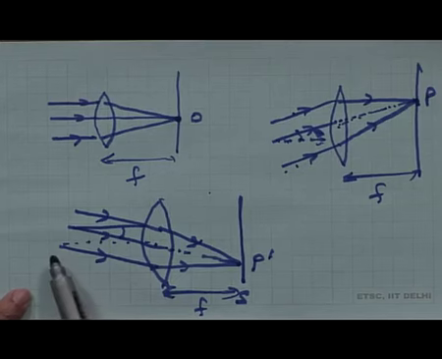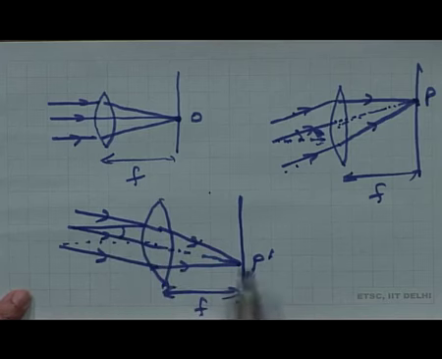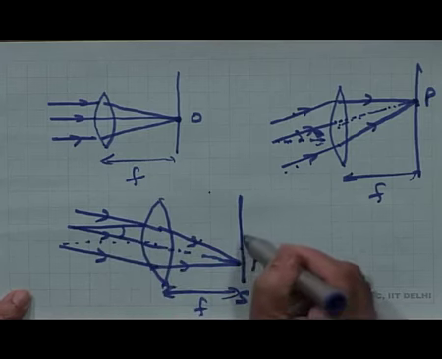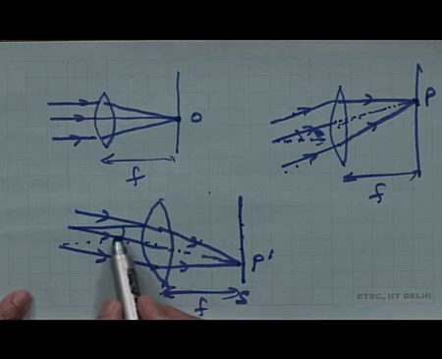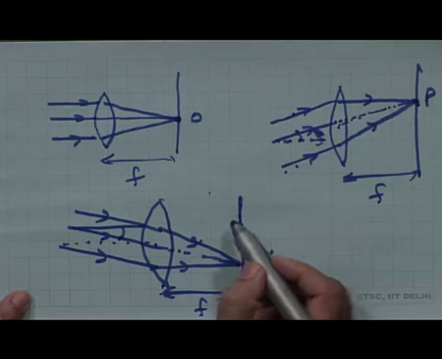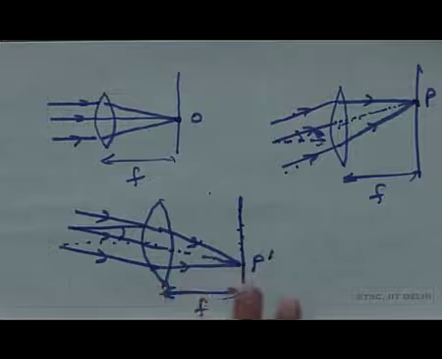So, sets of parallel rays incident on the lens will focus at different points on a screen placed at the focal plane. Sets of parallel rays making different angles theta will be focused at different points on the plane. Why am I spending some time on this?